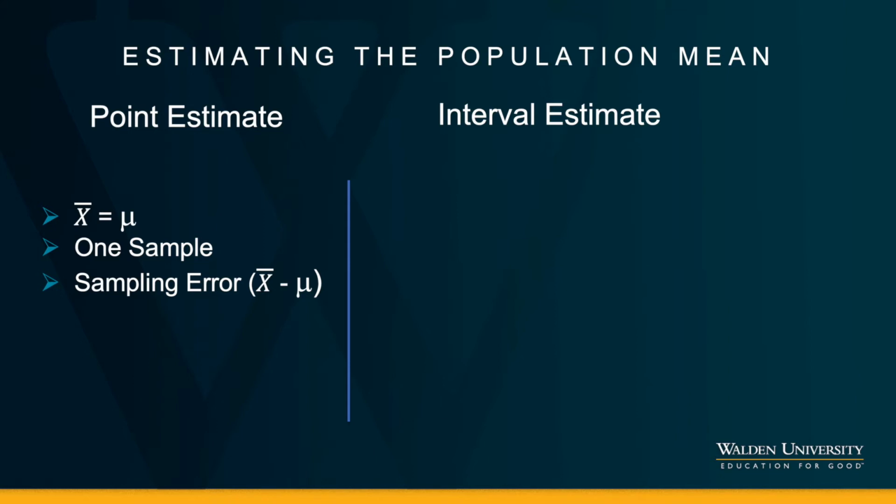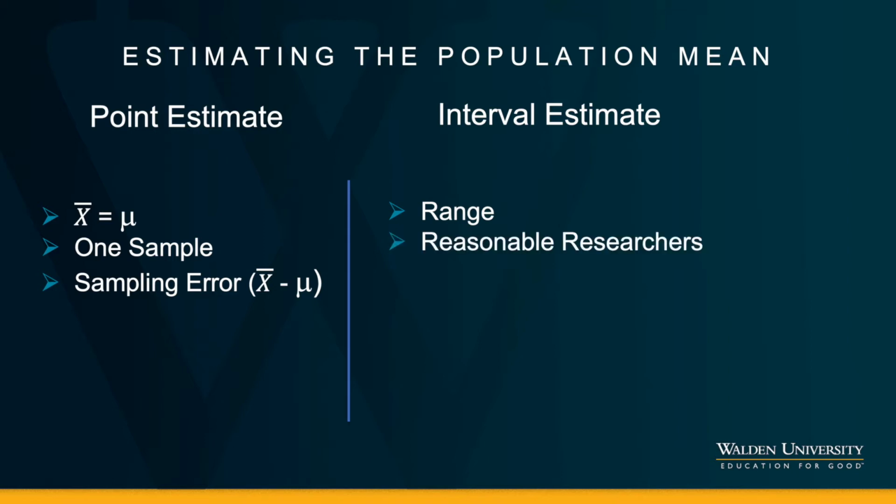A second method is to use an interval to estimate an interval in which the population mean will reside. It's a range, if you will, and it allows us to sample more than once.